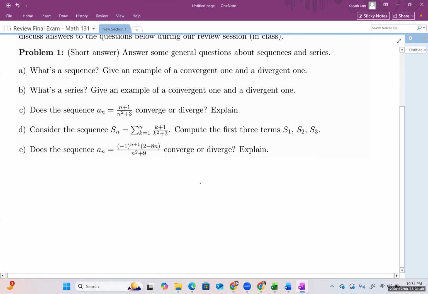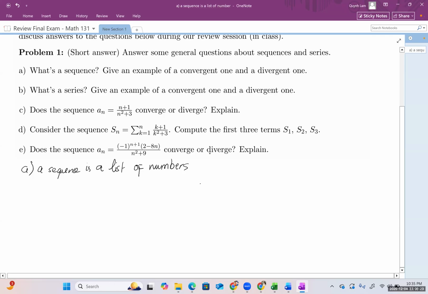Let's start with problem A. What is a sequence? So you guys should know that a sequence is, I'm going to say in my own words, a list of numbers.